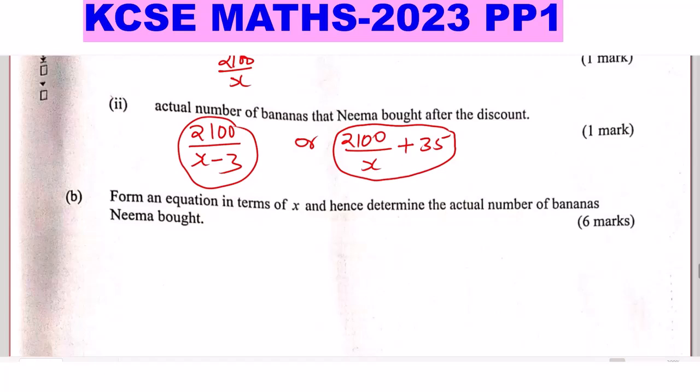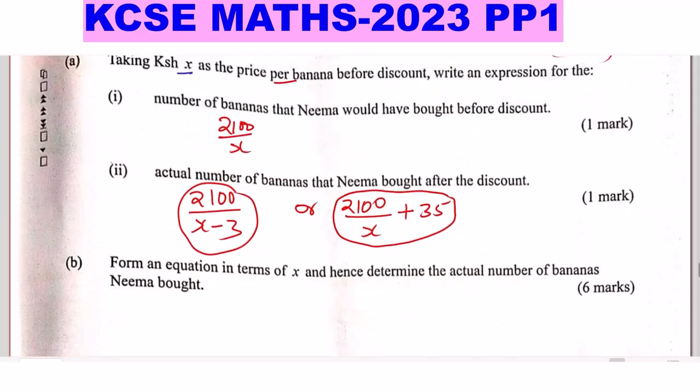Part B, form an equation in terms of X and hence determine the actual number of bananas bought. So with the expression in A part 1 and A part 2, we can form an equation in terms of X. So in the second equation, this was when she was able to buy more bananas.